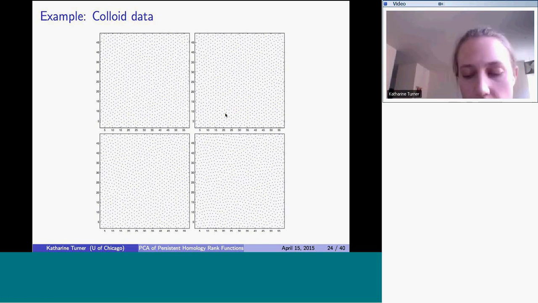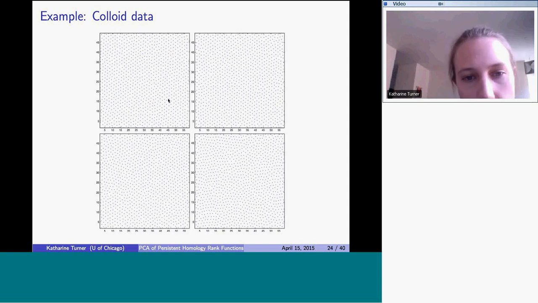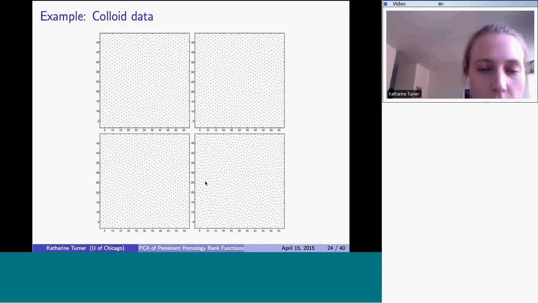Now 13 and 14 are in the crystalline phase, 15 is in the exotic phase, and 16 is in the fluid phase. You can see that they're quite regular in the top two, and become more and more disordered and random, sort of fluid, I guess, as you get to higher temperatures.